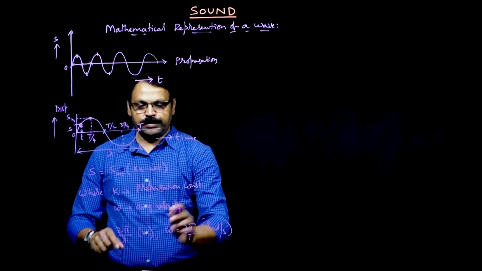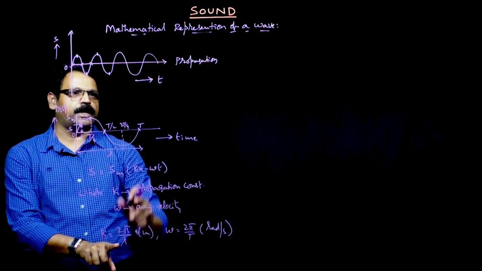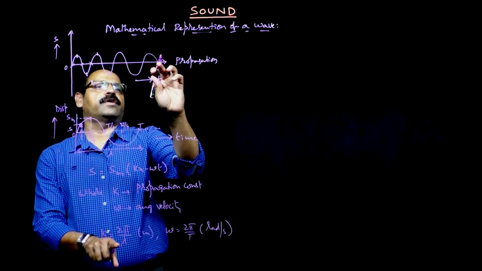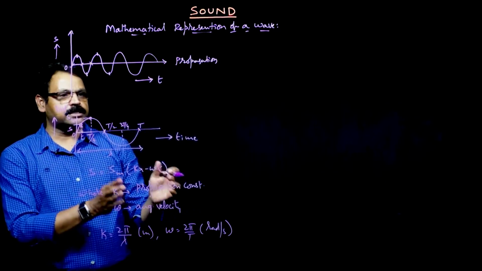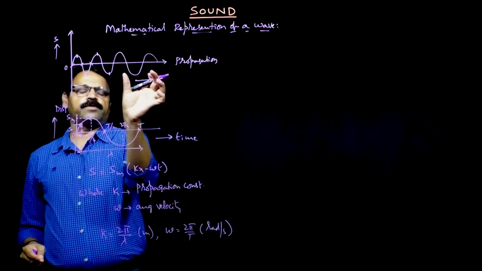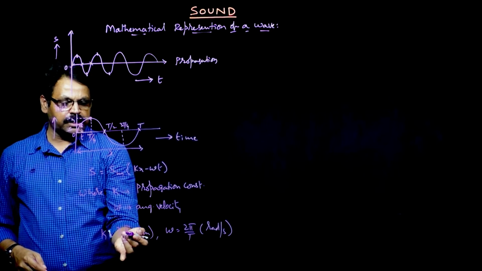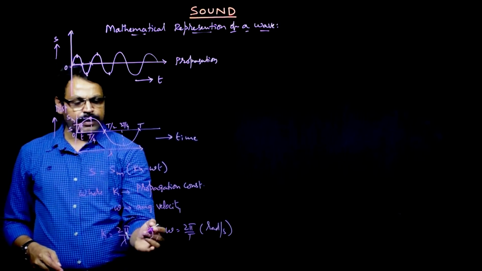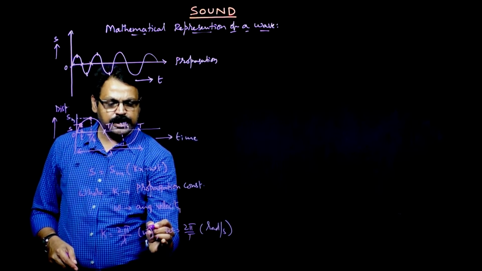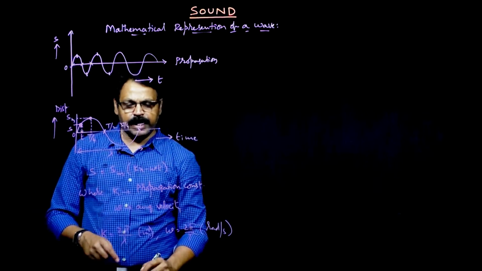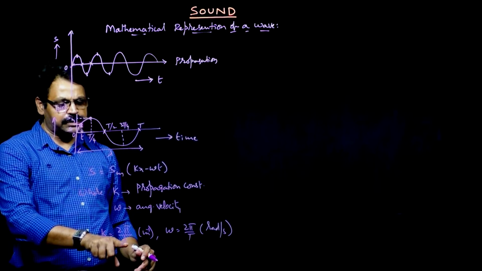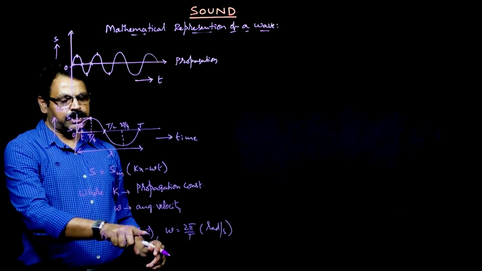Propagation constant is represented by 2 pi by lambda. That means every wave has its own propagation constant that depends upon the wavelength. So the propagation constant is a function of wavelength, written as 2 pi by lambda, and the unit comes out to be meter power minus 1, because lambda is in meters and it is in the denominator.